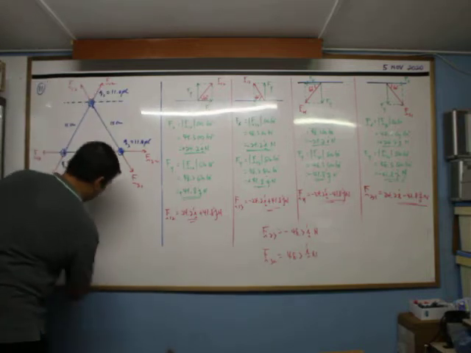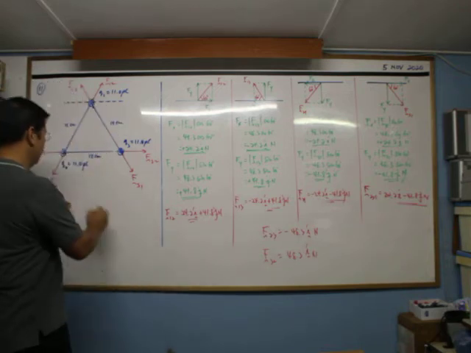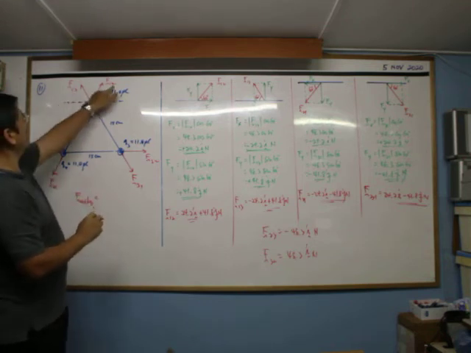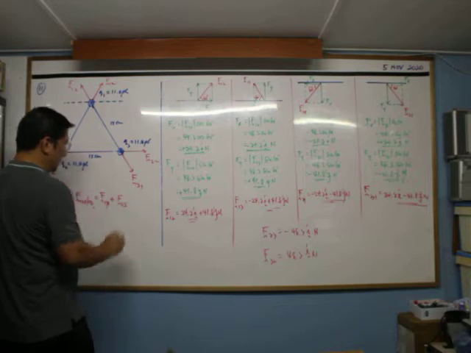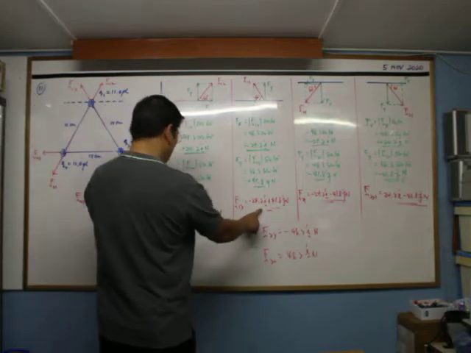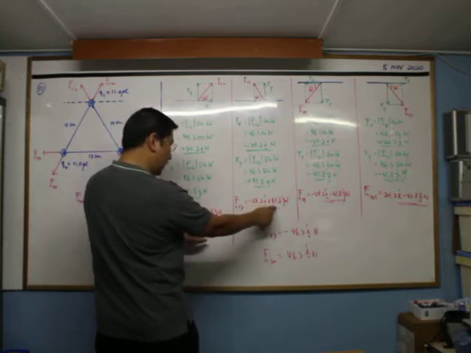The net force on all of them, you need to sum up the vectors. The net force on Q1 is 1,2 plus 1,3. 1,2 is here, and this is 1,3. These two disappear. Only this one available.